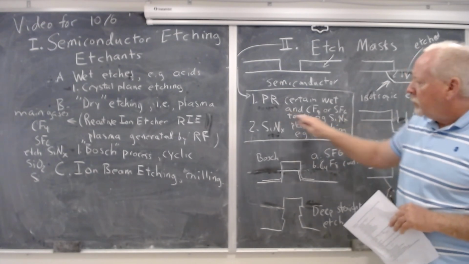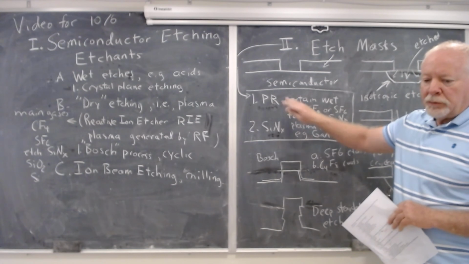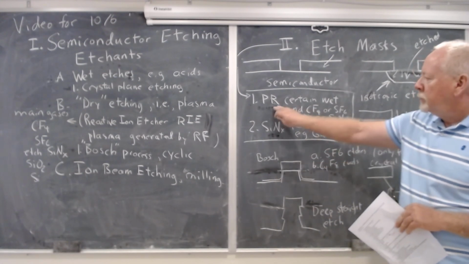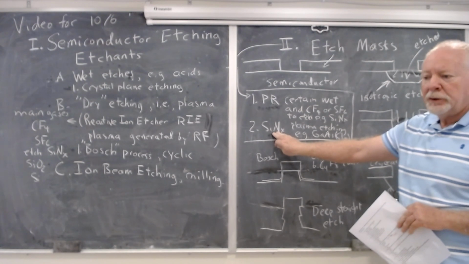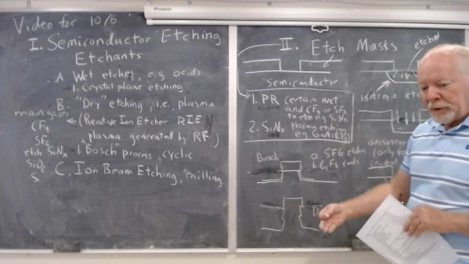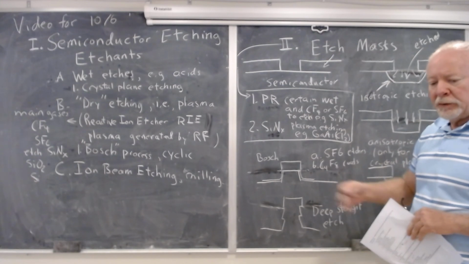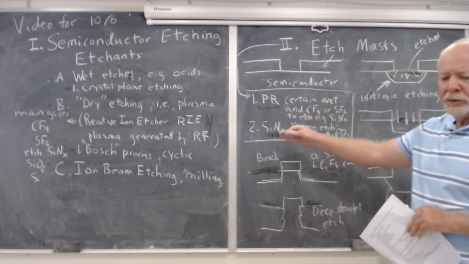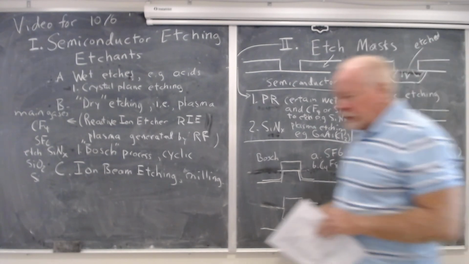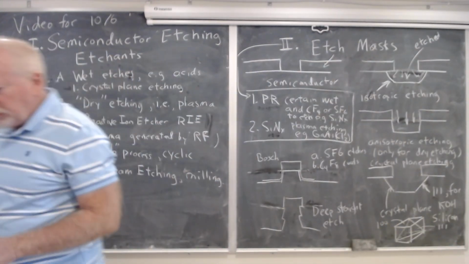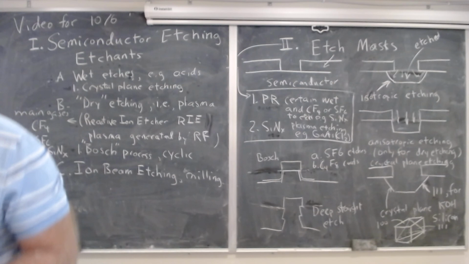So you put down silicon nitride, make a photoresist stencil, make openings, etch your silicon nitride, then remove the photoresist and use that as your stencil for a subsequent etch. All right, that's it for today, and we'll get together tomorrow morning for the class.